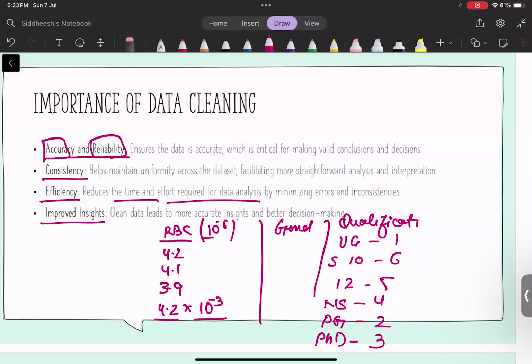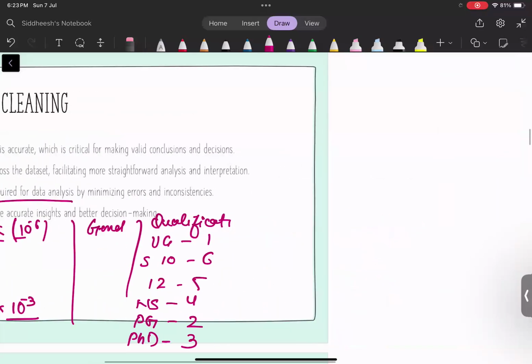Then we have improved insights also. If your data is clean, it can give me the exact p values afterwards. Let's take gender. So I am performing the analysis part. This is something that recently happened with me. Somebody gave me an SPSS sheet for data analysis.